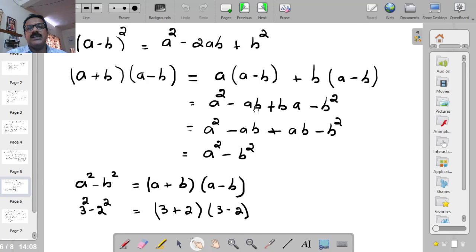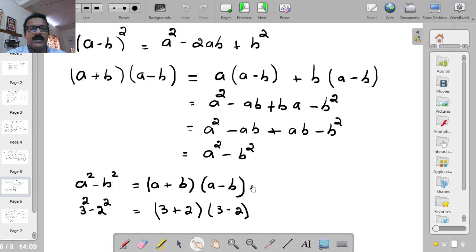This is a squared minus ab plus ba minus b squared. We know that ab and ba are the same, so writing ba as ab, the ab and ab get cancelled. We get a squared minus b squared. So a plus b into a minus b is equal to a squared minus b squared.